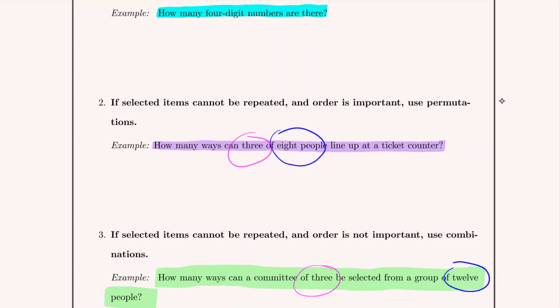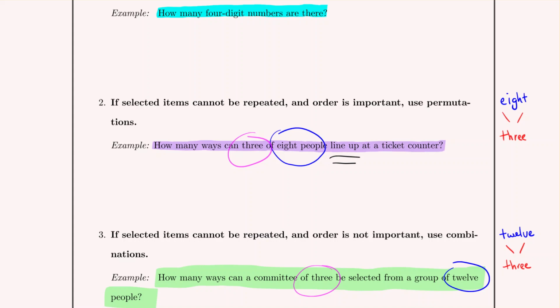So both of these had the idea of a bigger group selecting down to a smaller group, except they differed in that the second example, if people are lining up, does the phrase line up imply that order matters or doesn't matter?